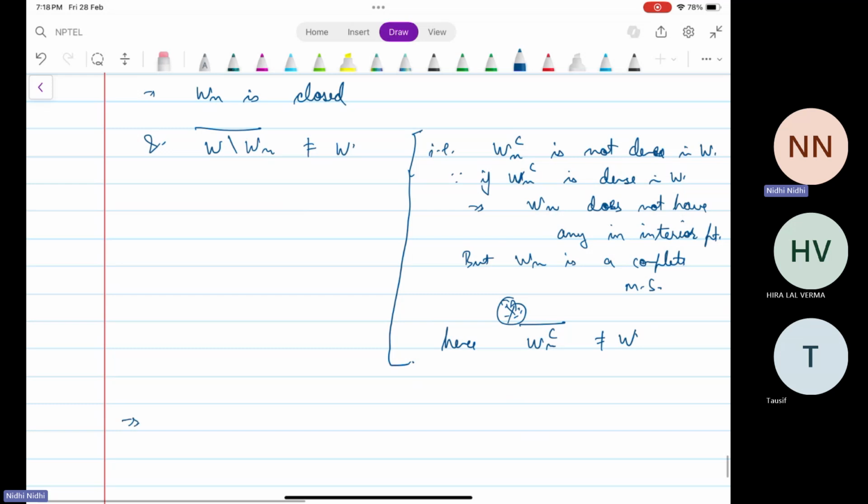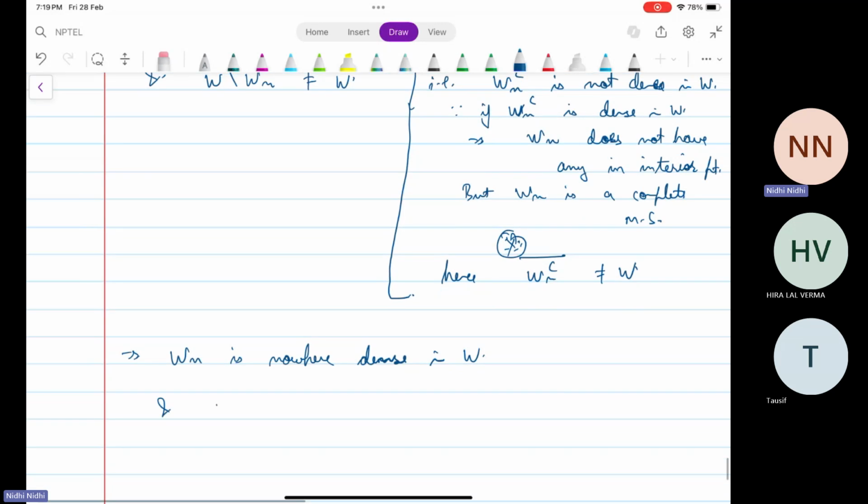This implies Wn is nowhere dense in W, and W is a countable union of these nowhere dense sets.